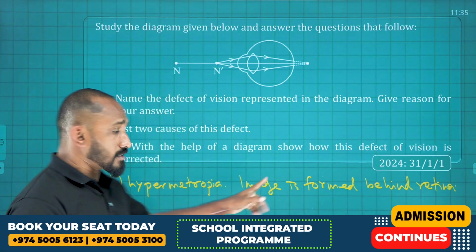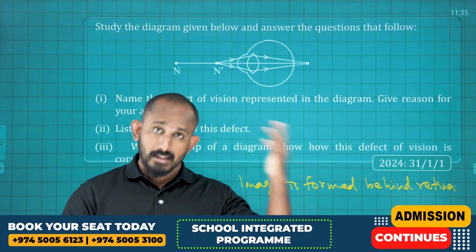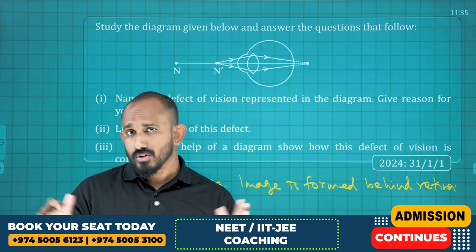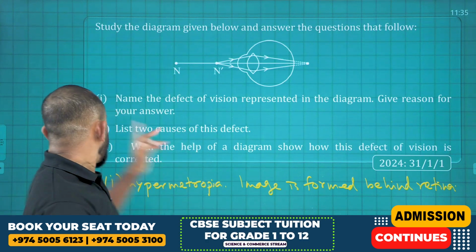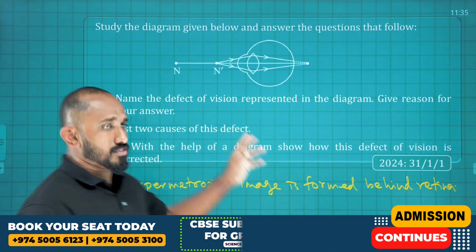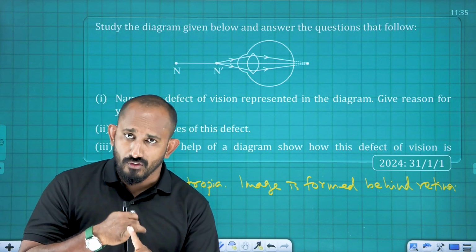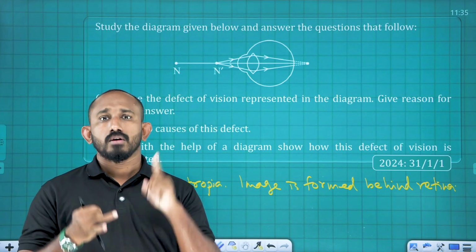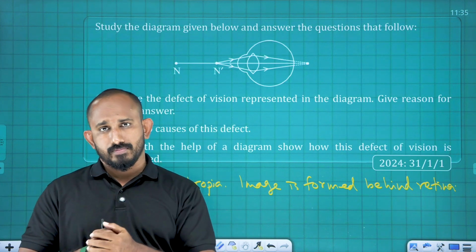For your answer, one more reason you can say: the focal length of the eye lens is greater, so the image is not formed on the retina, as we can also say. Now, second part: list two causes of this defect. That's already been done in the previous question. Two causes were shortening of the eyeball or the focal length of the lens being too large, which cannot be decreased.